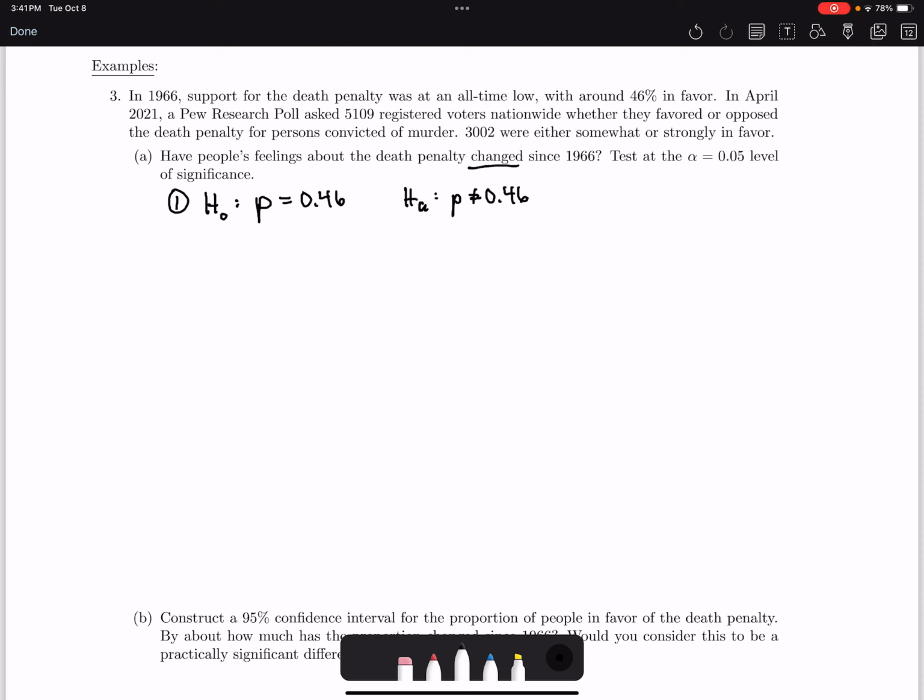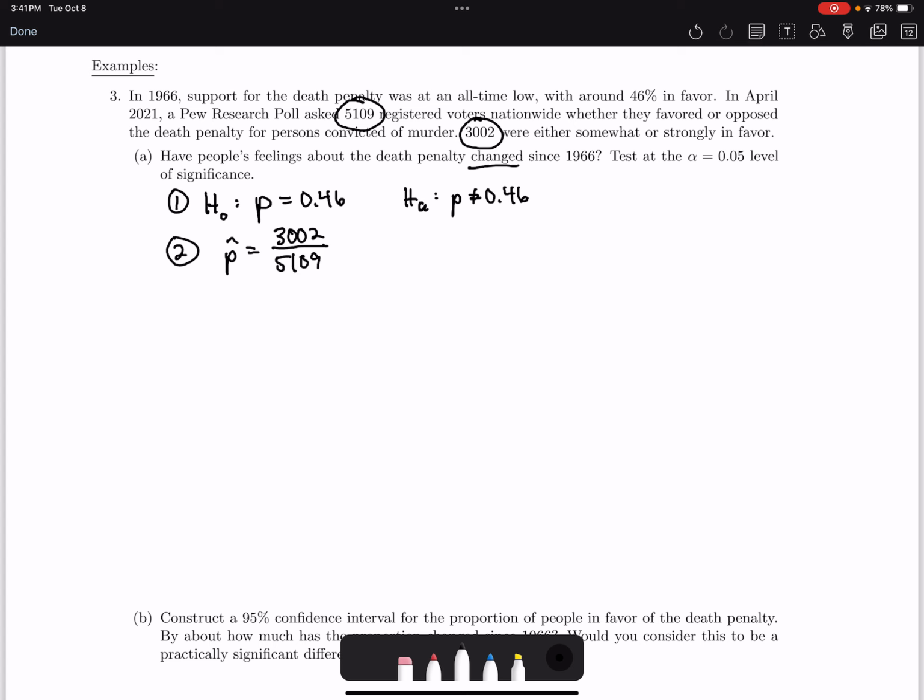Okay, step 2 is to collect our sample evidence. We'd like to know what the sample proportion is, p hat. Well, the number of people in favor was 3,002. The number of people surveyed was 5,109.